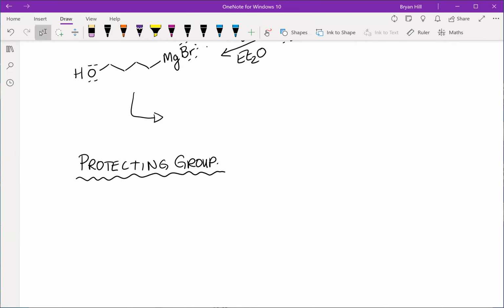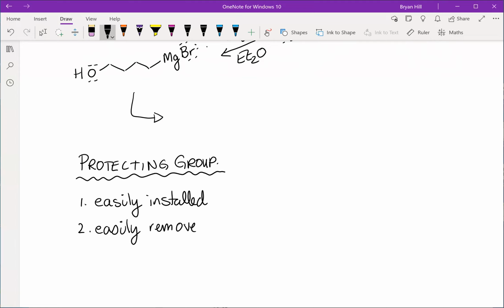So a protecting group is something that can be easily installed and easily removed. And it is going to block the reactivity of that functional group.